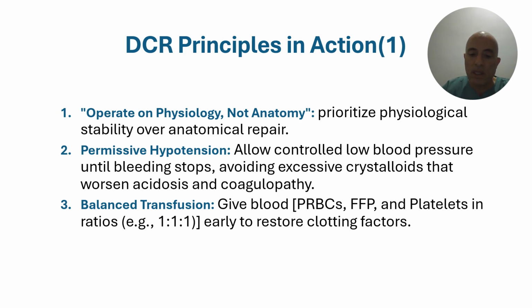Balanced transfusion. Give blood with all its components, packed red blood cells, fresh frozen plasma, and platelets in a ratio of 1:1:1. Give this blood early to restore clotting factors.